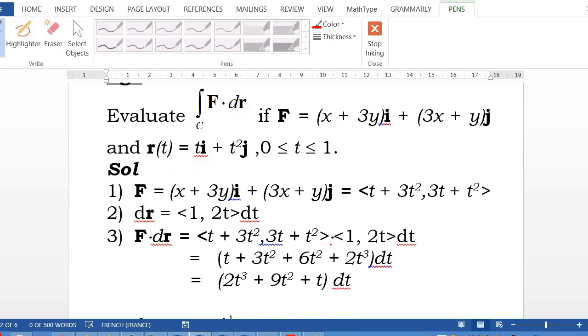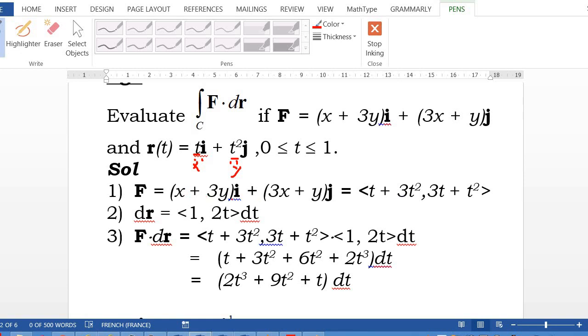First of all, from r(t), we know that component i is x and component j is y. So x is equal to t, y is equal to t squared. Once you replace x by t and y by t squared.